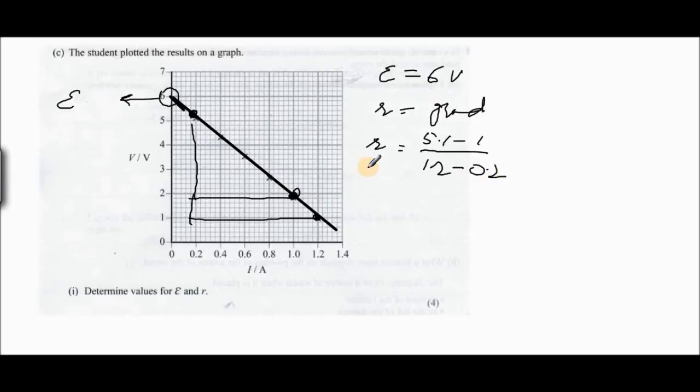Okay, so from this calculation, I get r is 4.1. This is my internal resistance.